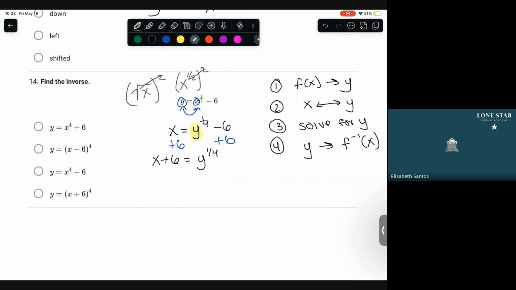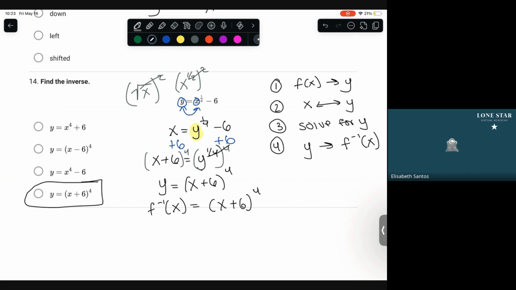We're going to take it to the power of 4 on both sides. So that cancels. We're left with y equals x plus 6 to the power of 4. Then you change y to the inverse function of x, equals x plus 6 to the power of 4. So that would be this one.